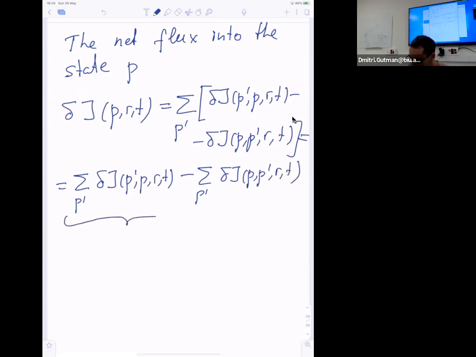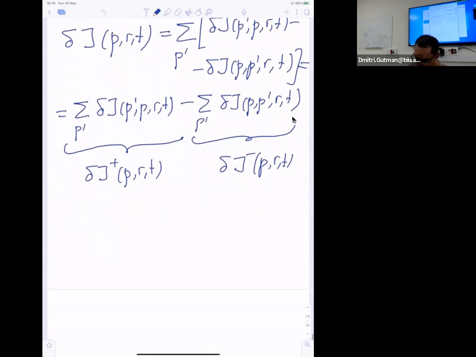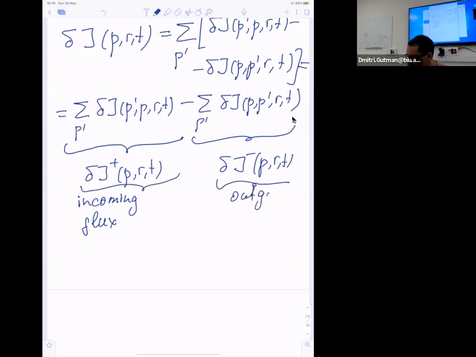This one I can call delta J plus P R T, and this I can call delta J minus P R T. This is the fluctuation in the incoming flux, and this is the outgoing.